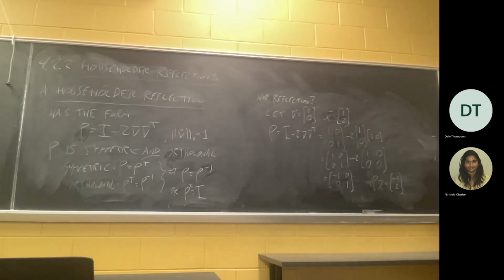It's the vector corresponding to the x component, pointing in the direction of the x axis. On the other hand, if I let Y be the vector (0, -1), then for P y, well, you negate the first component, but it's still 0. So Y is not changed by P at all.